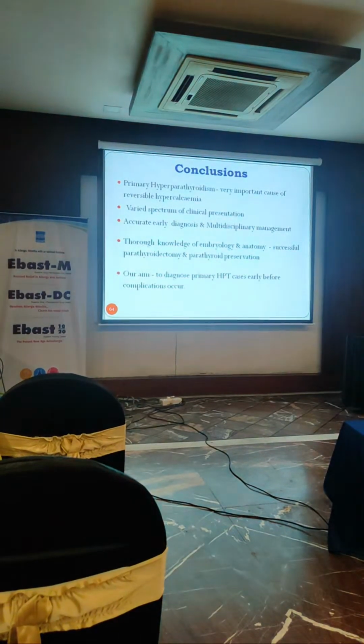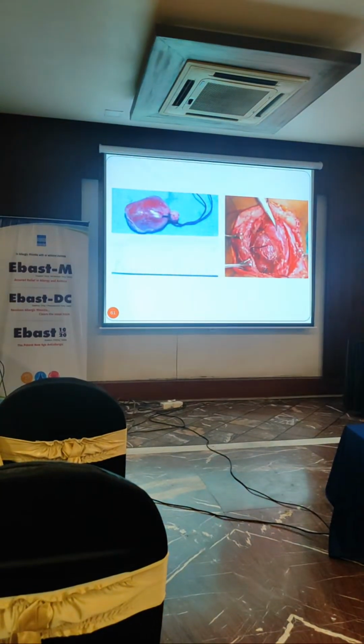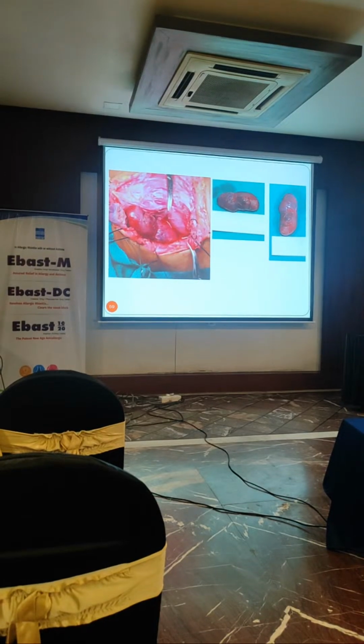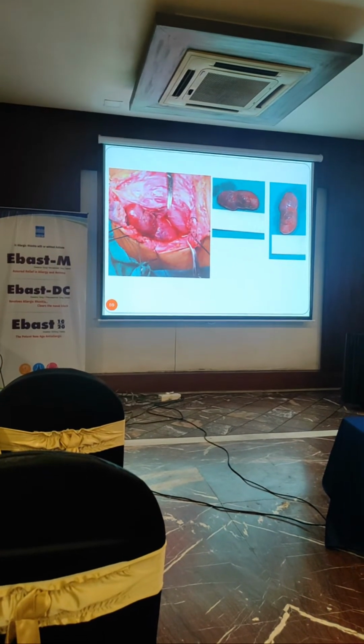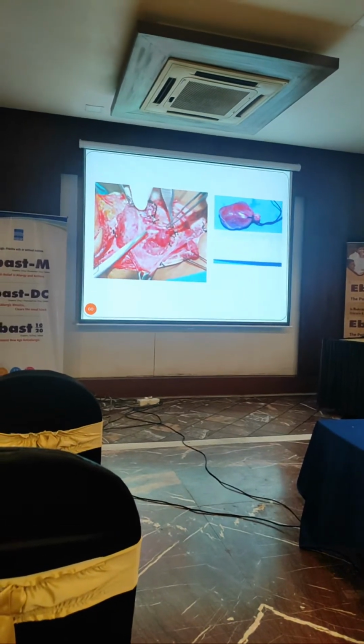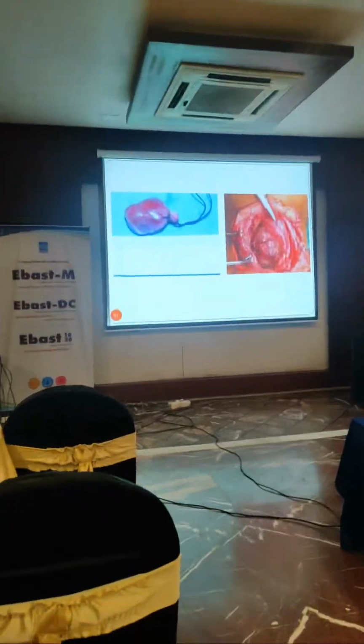We had a series of 2 or 3 which were giant; more than 2 centimeters is known as giant parathyroid adenoma. So we had around 3 patients with giant adenomas. This was one giant parathyroid adenoma. This is the relation to the recurrent laryngeal nerve. It is an inferior parathyroid adenoma because it is anterior to the recurrent laryngeal nerve.